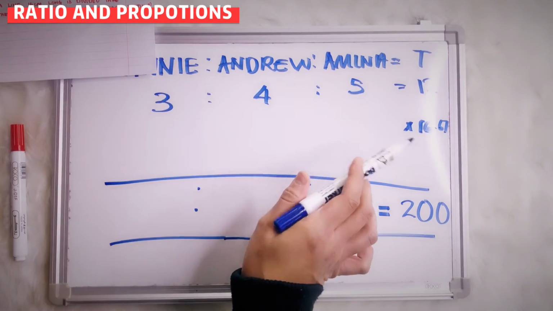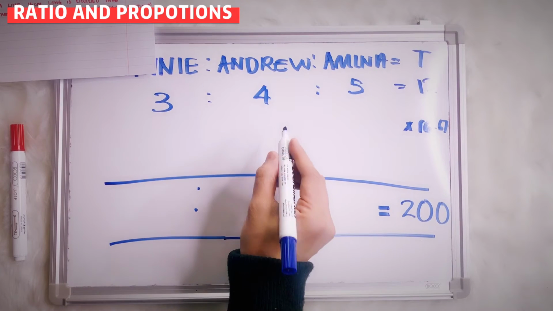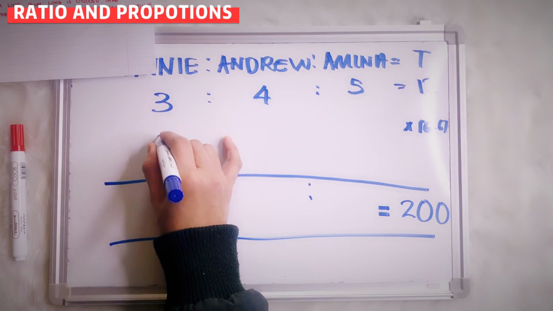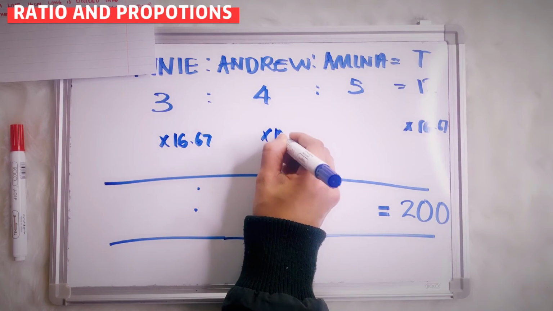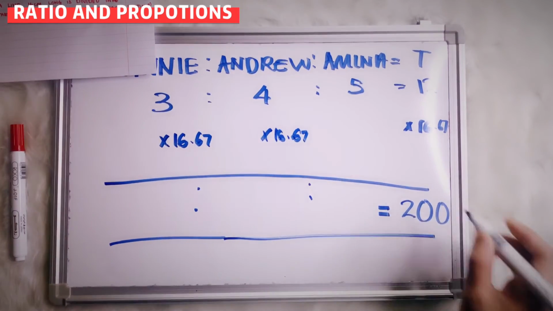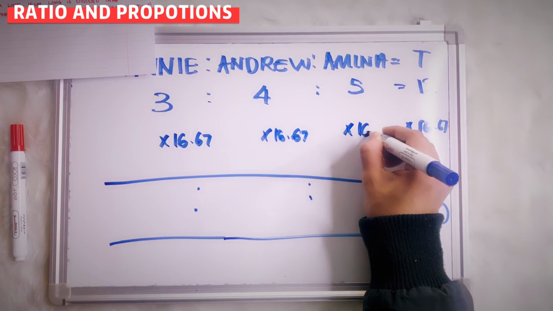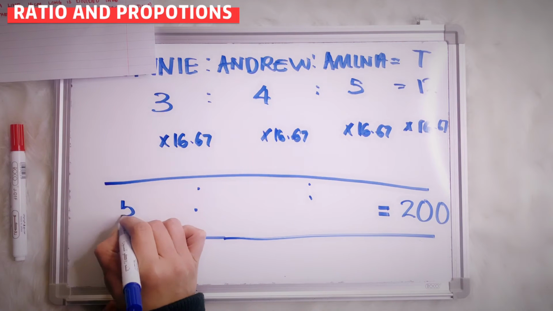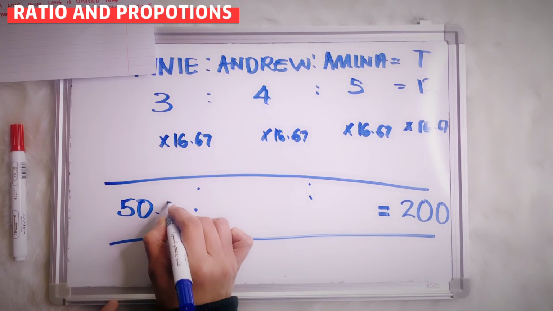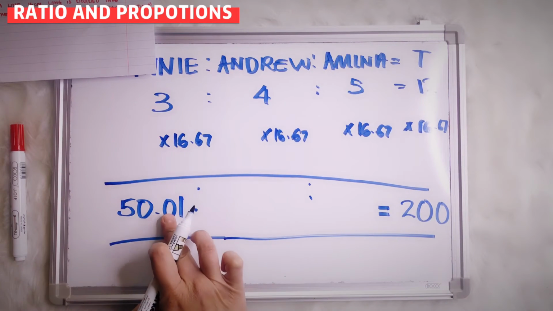Now if here you multiply with 16.67, here also you have to multiply 16.67, and here also multiply with 16.67. So now, 3 multiplied by 16.67, you will have 50.